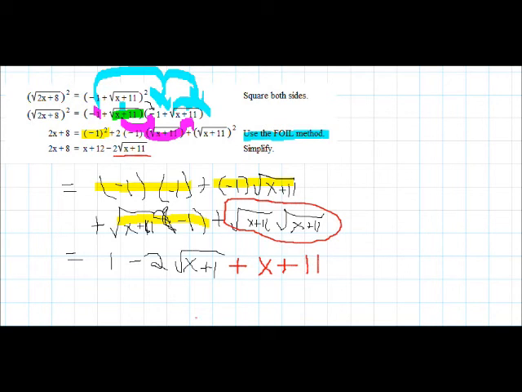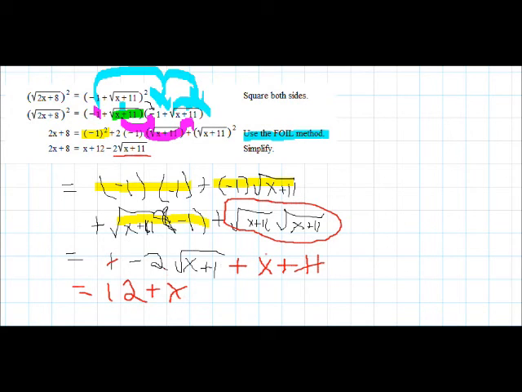Alright, now we simplify. 1 plus 11 is equal to 12. And I can scratch that out. I'm going to have this plus x here, so I can cross that out.